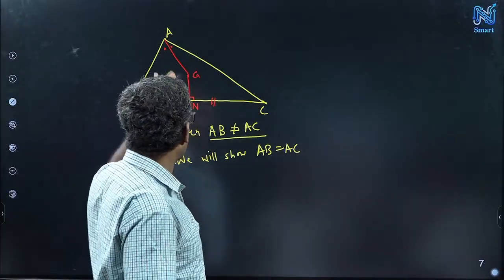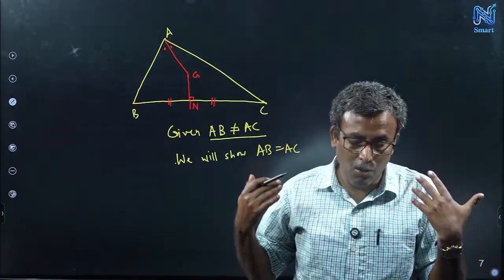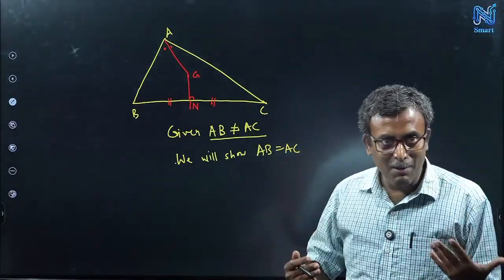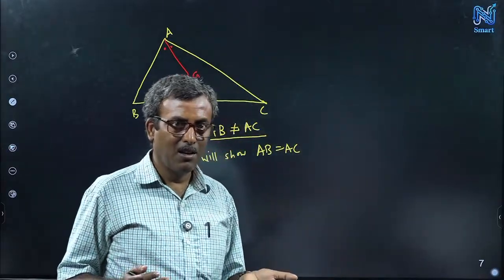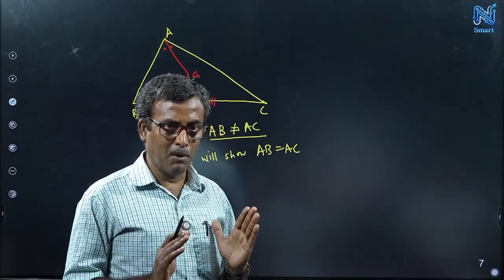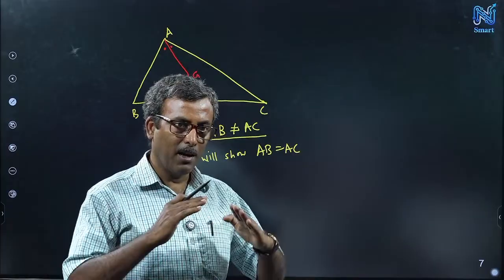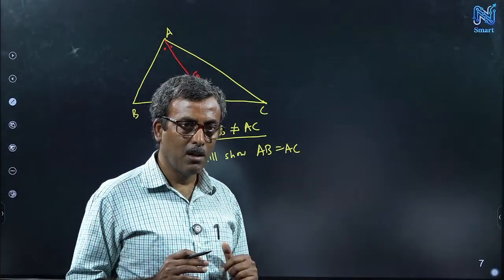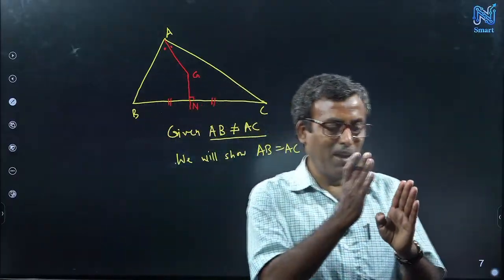You can say that okay, AG may be parallel to GN, that is, the angle bisector is parallel to the perpendicular bisector. Again it is homework: if the angle bisector is parallel to the perpendicular bisector, actually they will be the same line. That is the only case, AB equal to AC.